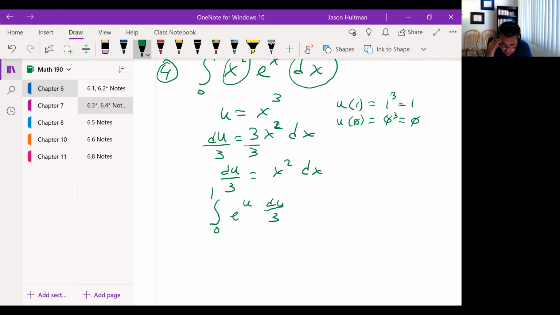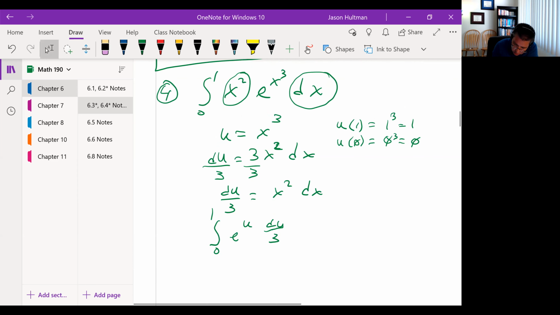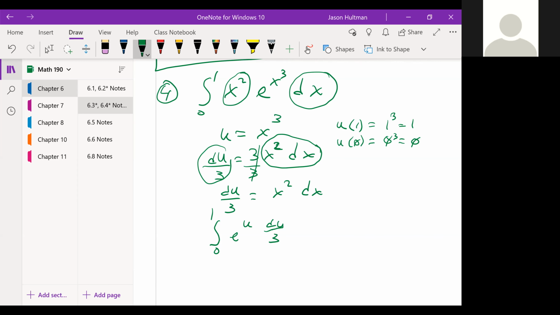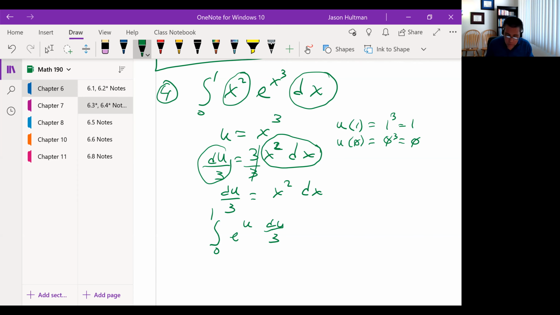We're substituting for the x cubed, but then when we take the derivative with respect to x, we're substituting du over 3 for this value x squared and the derivative dx. We're piecing it together, right? We want to take the pieces that we know and the pieces that we want, and swap them out.